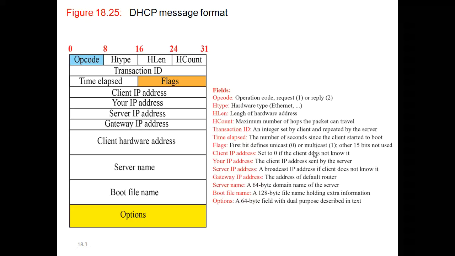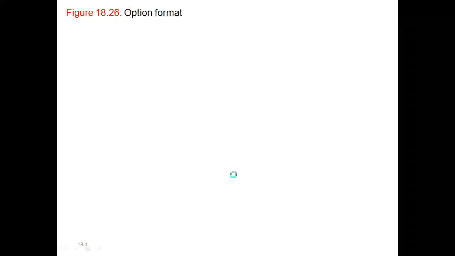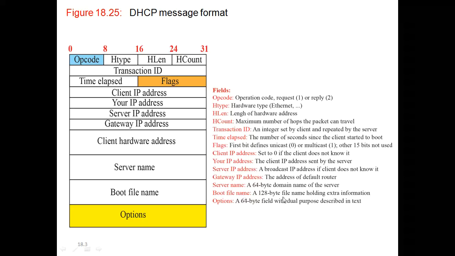Client IP address is set to 0 if the client does not know it. Your IP address is the client IP address sent by the server. Server IP address is a broadcast IP address if the client does not know it. Gateway IP address is the address of the default router. Server name is a 64-byte domain name of the server. Boot file name is a 128-byte file name holding extra information. Options is a 64-byte field with dual purpose described next. This is the DHCP message format.